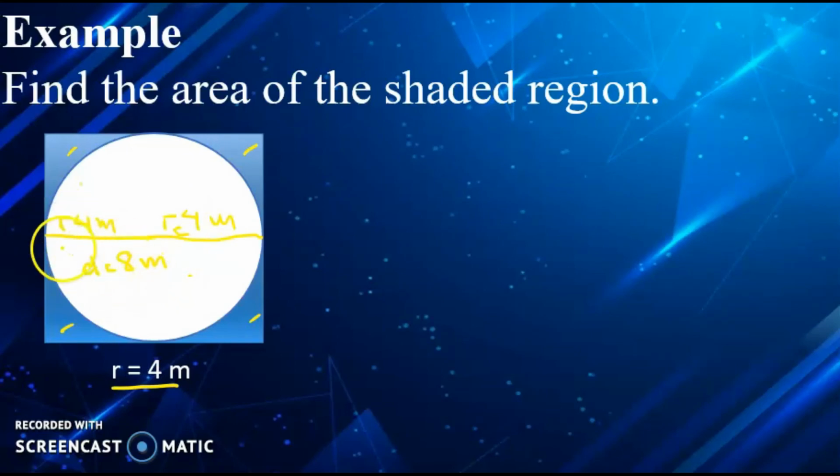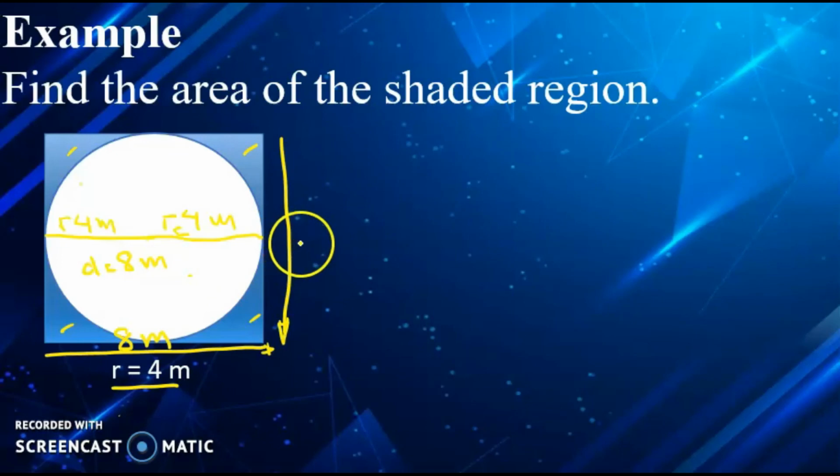Radius. So, kung from this point to this point ay 8 meters, so mean to say, ang side natin, itong side na to, ang measurement niya ay 8 meter. So, since square yan, so this is also 8 meter.